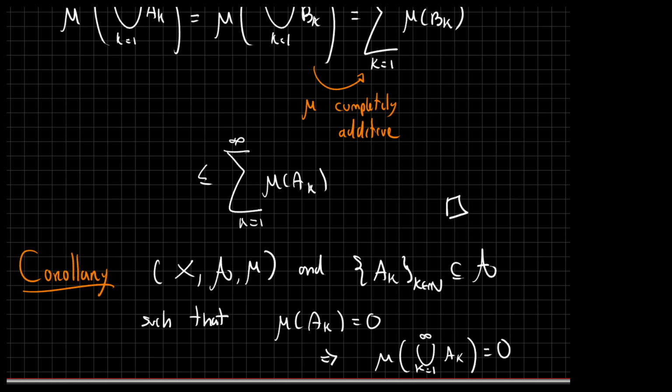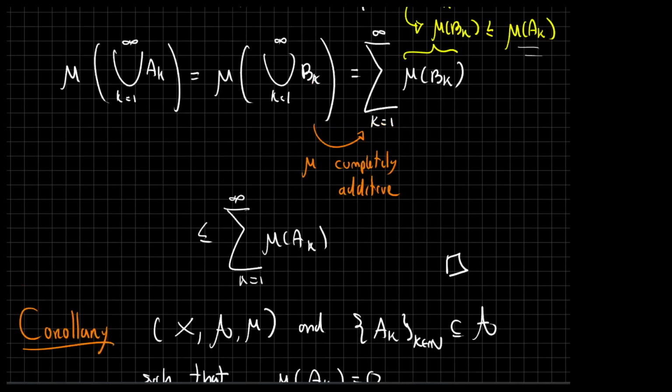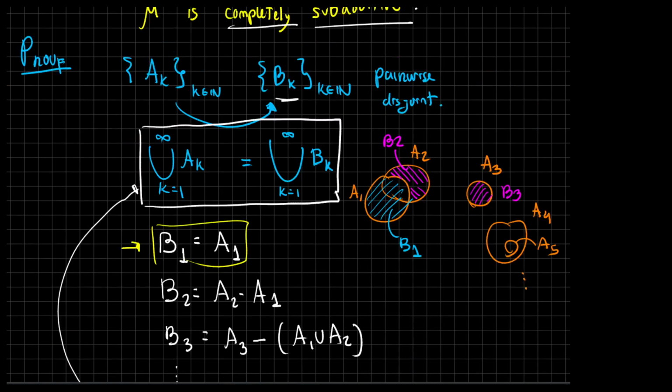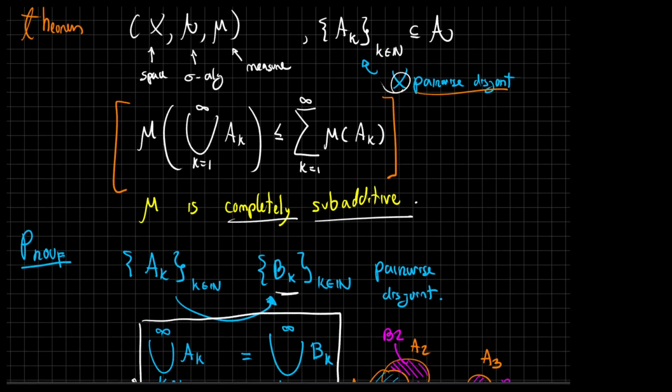So that's perhaps kind of trivial, but this follows from our proposition, from our theorem, because every element here will be 0. You know that measures are always greater or equal than 0.